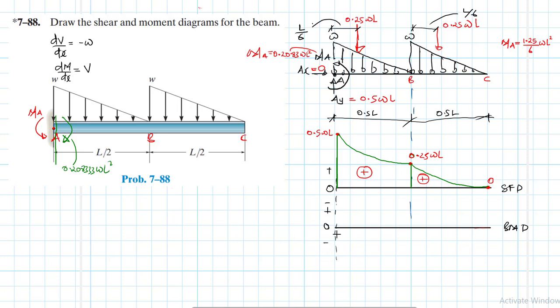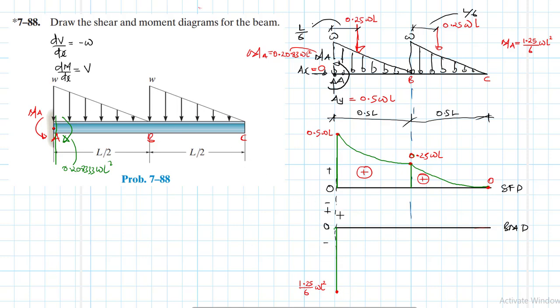So I'm going to draw this down like so. It's negative, so clockwise, that internal moment at that point. There we go. So this is the one here, and I'm going to indicate it as 1.25 divided by 6 WL squared. This is our moment here.